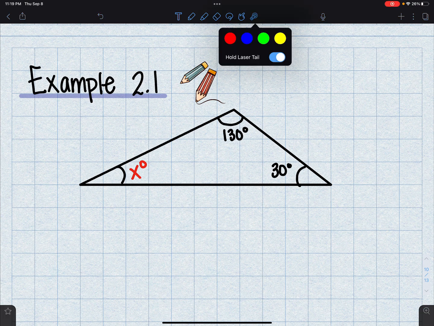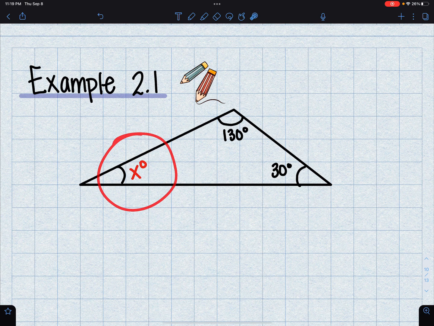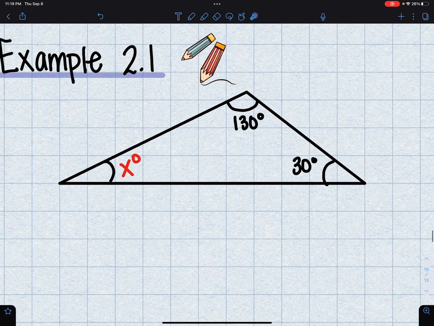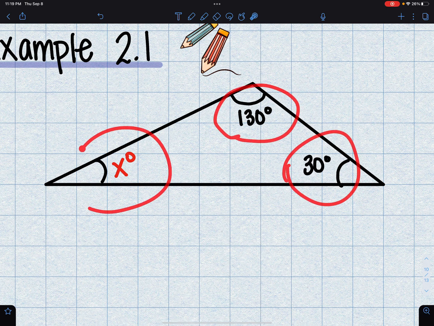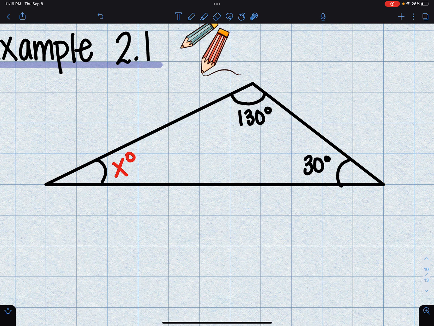Example 2.1 says find x. So you've got a triangle here. It tells you 2 out of 3 of the angles. And if we remember our fun fact about triangles, it's that all of the angles add up to 180 degrees.